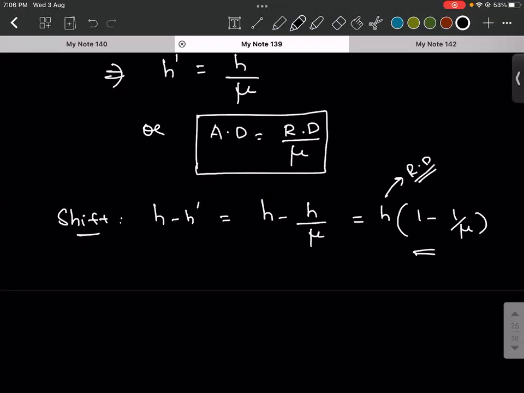Where H is called the real depth, mu is called the refractive index of the medium in which the luminous object is placed. Those who are online, I hope you're able to understand.